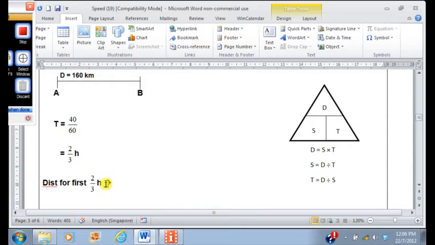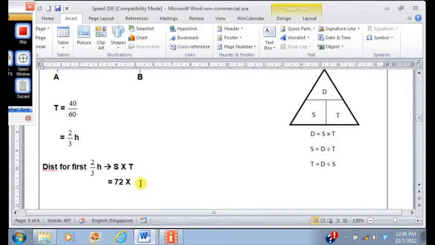We take the speed, which is speed times time, and this will be equals to speed is 72 multiplied by 2/3.